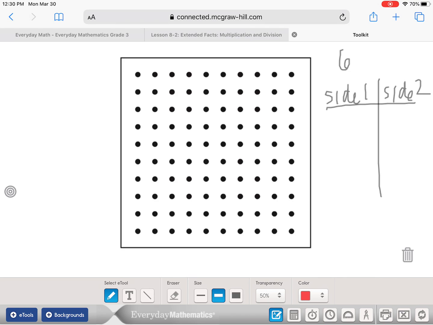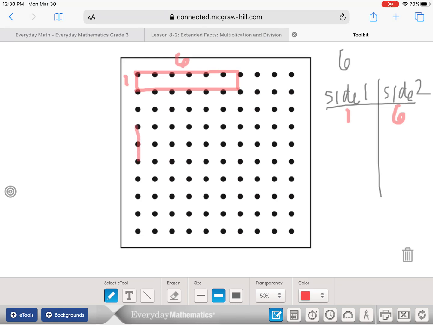One way to make a 6 square unit rectangle is I could literally just go across 6. It can be half of what we created last time. So side 1 is 1. Side 2 is 6. 1 times 6 is 6. Go ahead and write that in your math journal.